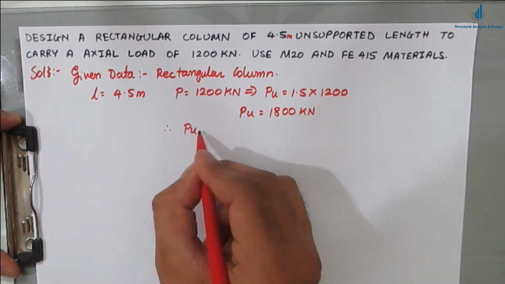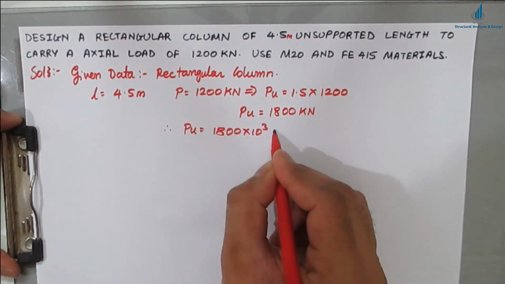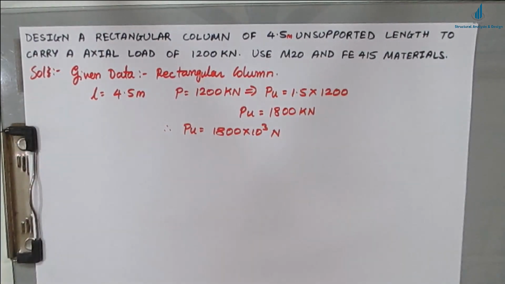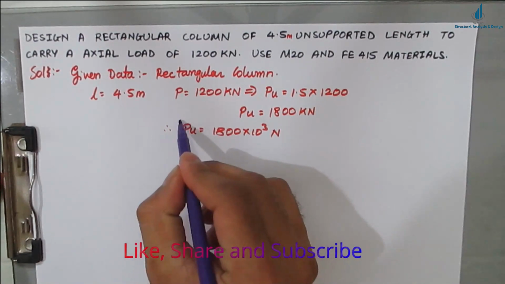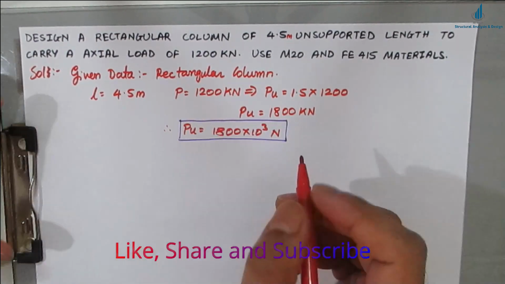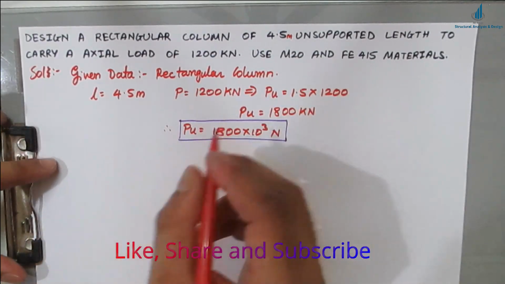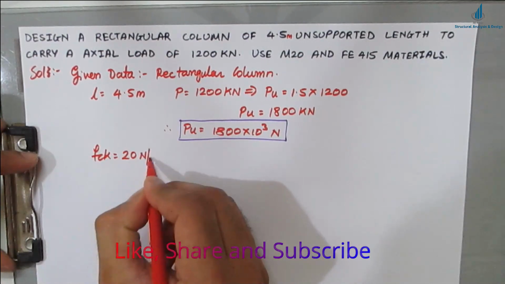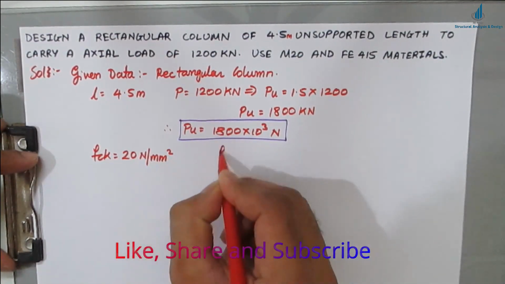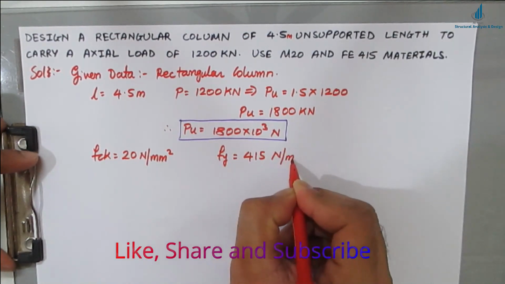Therefore Pu equals 1800 into 10 raised to 3 newtons. We will keep all the units in Newton and millimeter, so we convert this kilonewton into Newton. Then again they have given M20 grade of concrete and Fe415 steel. So fck is 20 Newton per mm square, and fy, the grade of steel, will be 415 Newton per mm square.